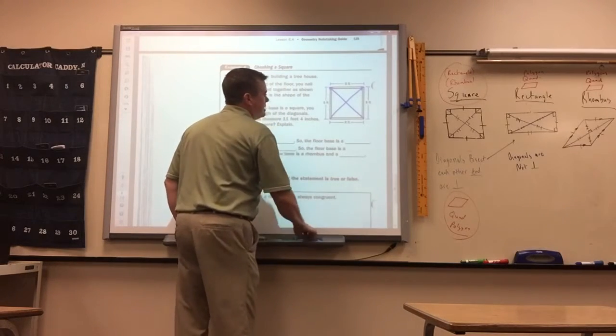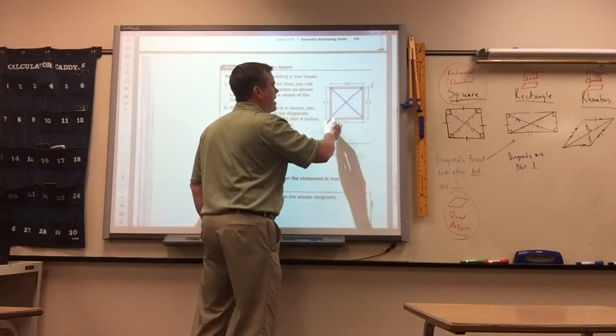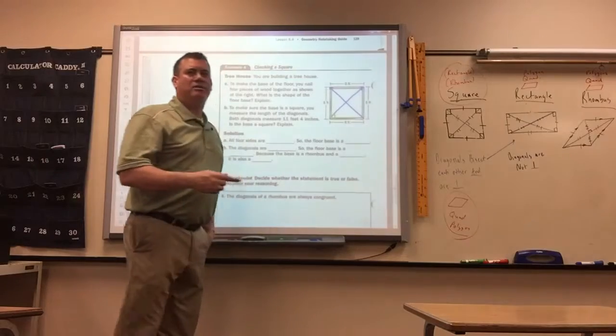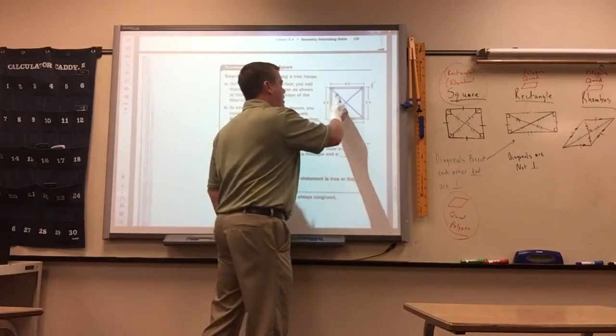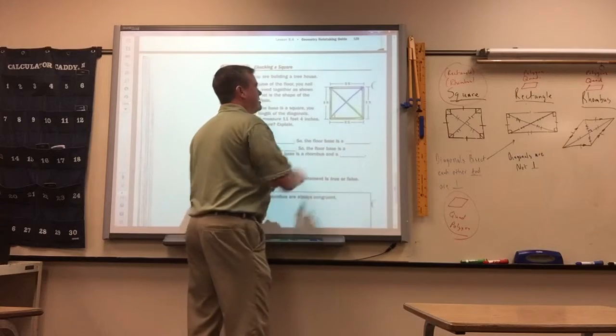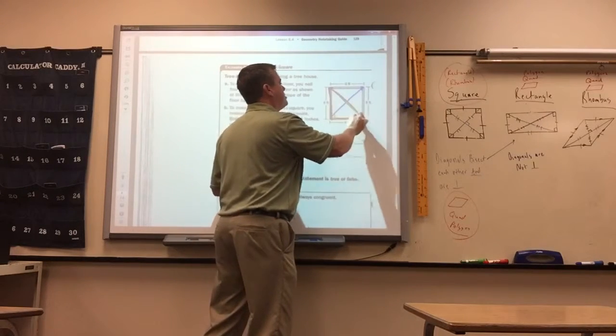So what you've got here is 8 and 8. This makes a right triangle. So what would you do to figure out what this should be? What kind of figure is this?